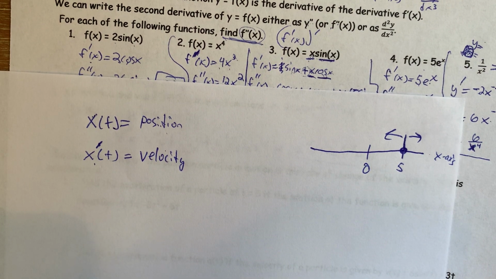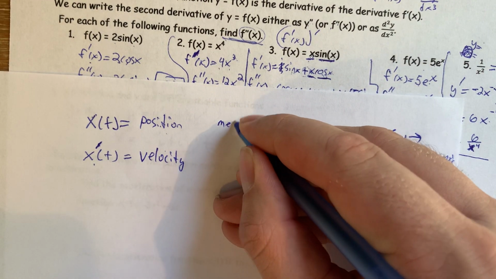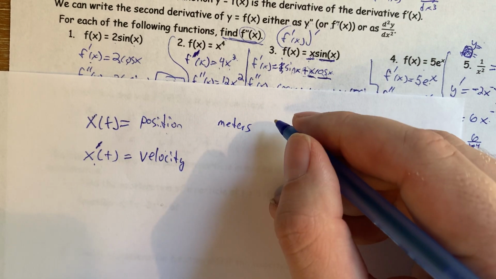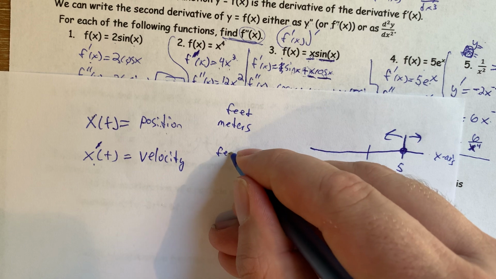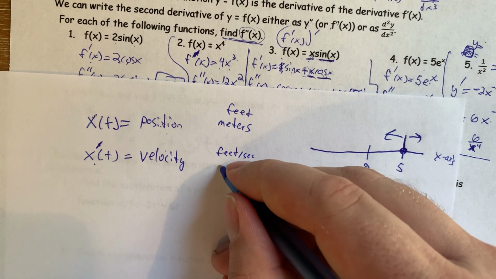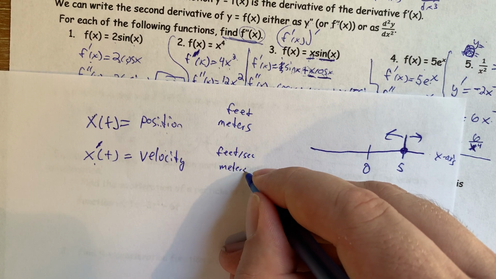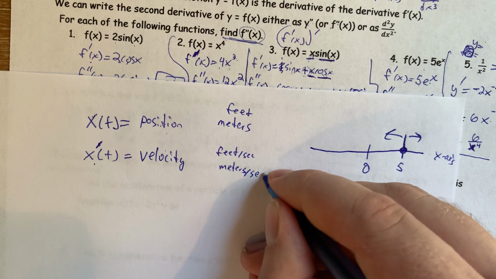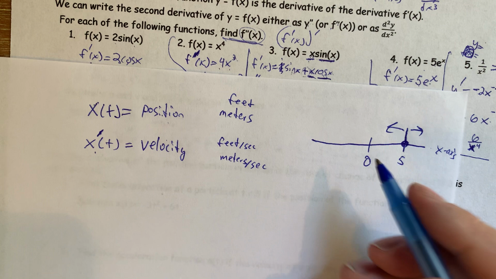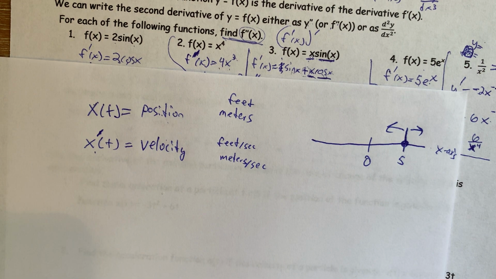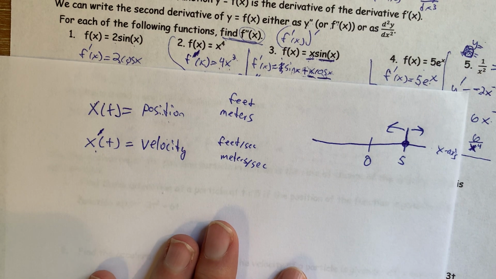It's a rate, so if position is measured in meters or feet, then velocity is in feet per second or feet per minute. So something divided by time. Velocity is how many feet or meters you're moving by each time period. So how many feet per second are you moving by and in what direction?